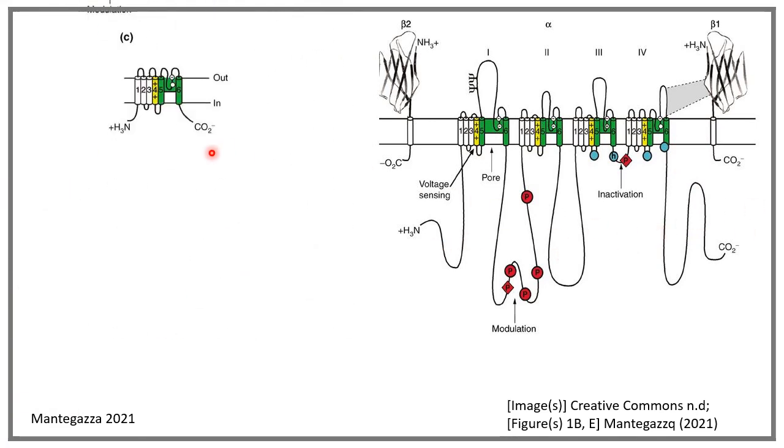Now, looking at one domain in particular, we can see that it looks like each 4th segment has 2 charges on it, but that's just symbolic. There are actually 4, 5, 6, and 8 charges on the 4th transmembrane segment in the respective domains.